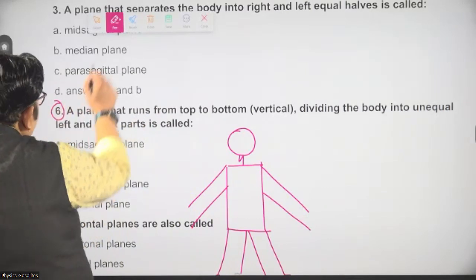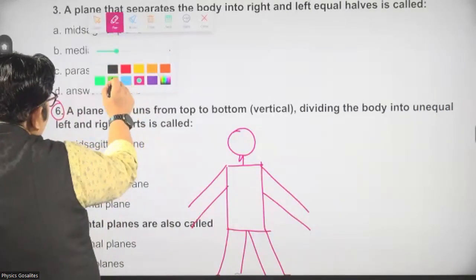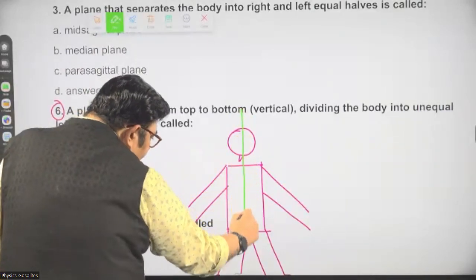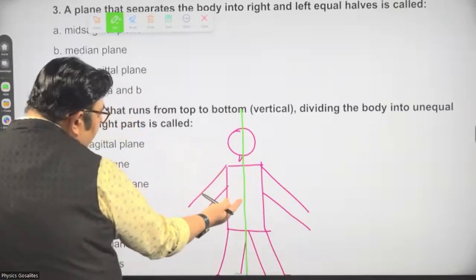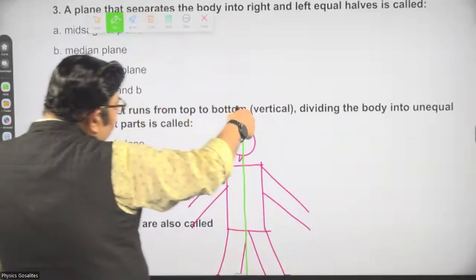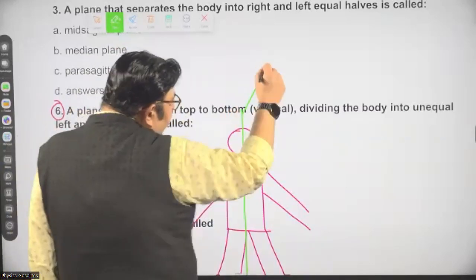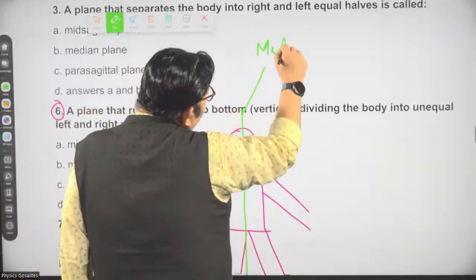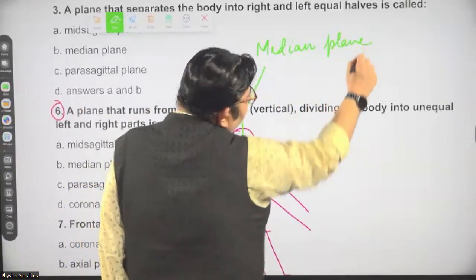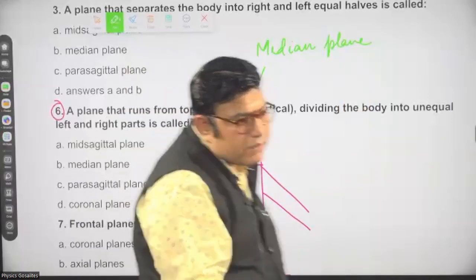A median plane divides the body into two equal antimeres. So this is the median plane, these parts are equal. This is the mid-sagittal, median or mid-sagittal plane.